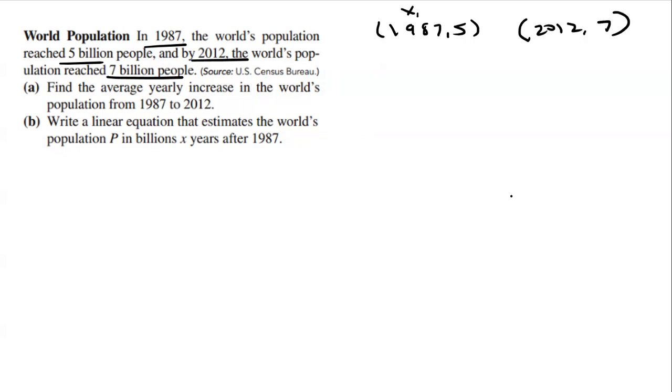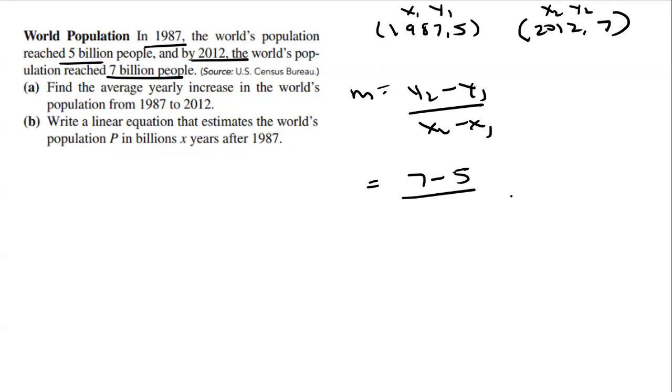So this will be our x1, y1, x2, y2. Our slope is going to be y2 minus y1 over x2 minus x1. So our y2 is 7, our y1 is 5, our x2 is 2012, and our x1 is 1987.